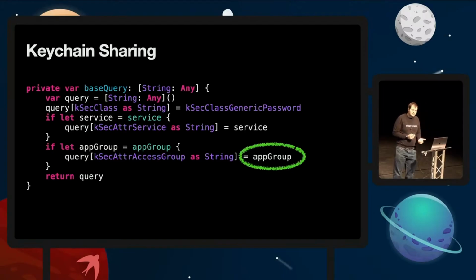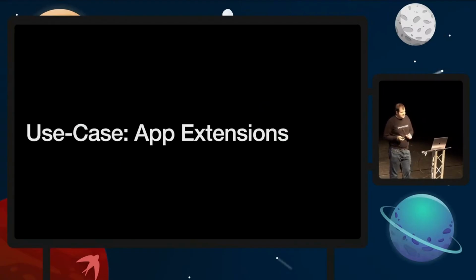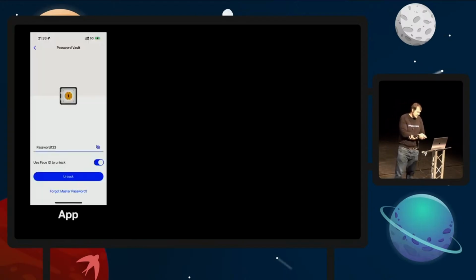Now let's take a look at the use cases from the real world. One of them, as I mentioned earlier, is sharing data with the extension. For example, this is a sample app for a password manager. It looks like this, and the user might select to unlock the app with Face ID or biometry.